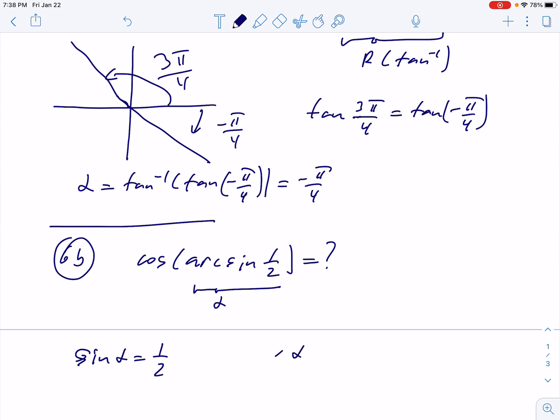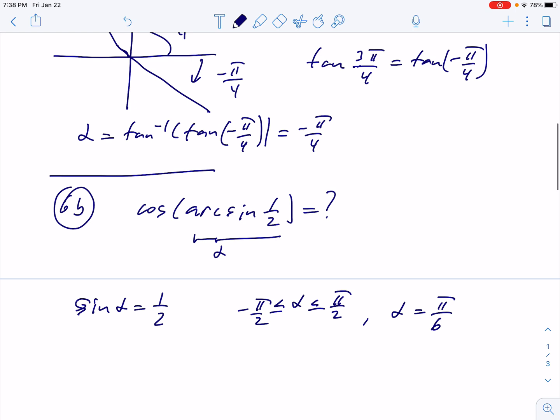And we know that alpha is between negative pi over 2 and pi over 2. Now we can answer what is alpha. So what is alpha? There is only one angle between these two, between negative pi over 2 and pi over 2, where the sine is 1/2. And this is pi over 6.